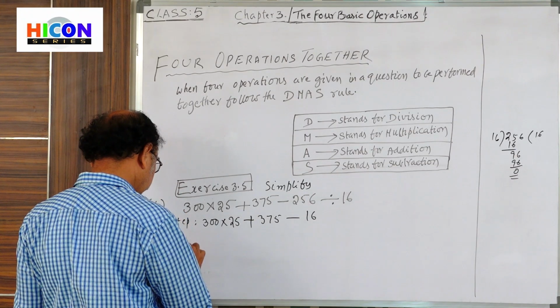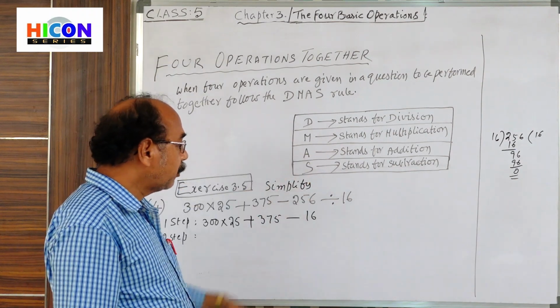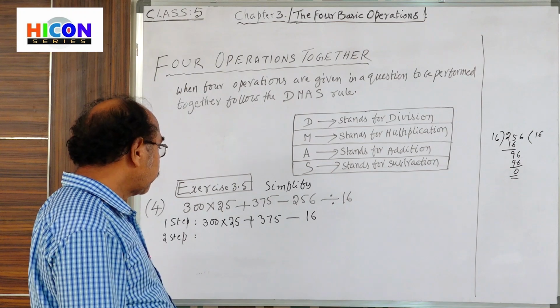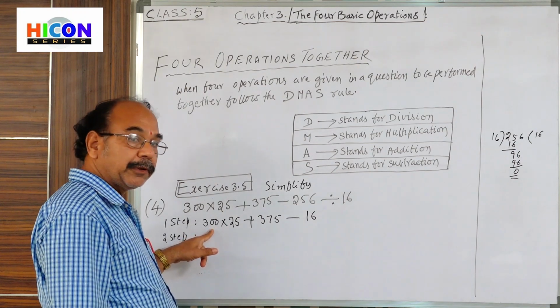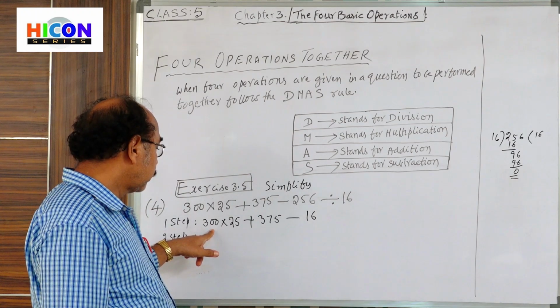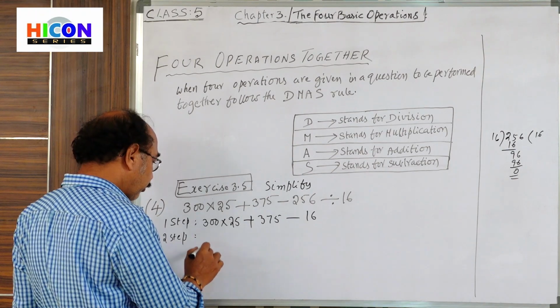In step 2, D after what is there? M, multiplication. Where is the multiplication operation here? Here multiplication operation is there. 300 into 25.